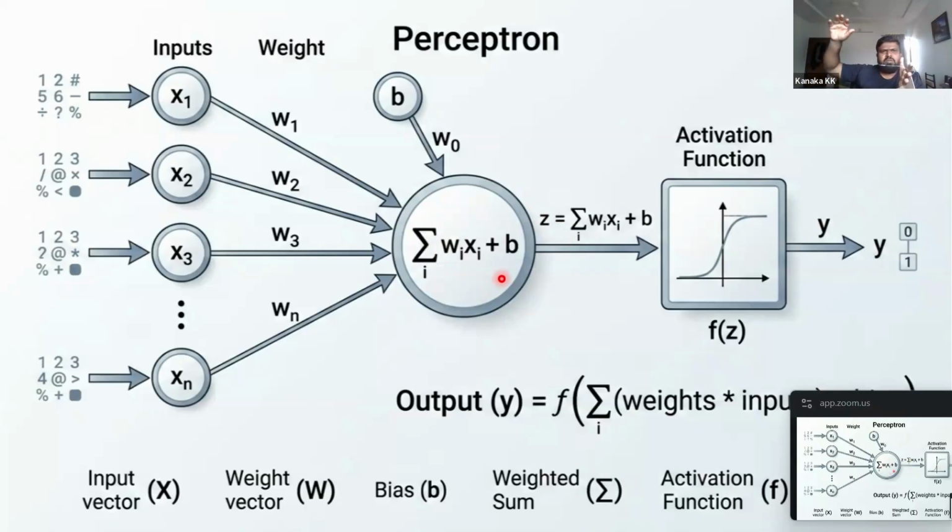Sometimes it may be a 5-digit number, or a negative 5-digit number, or sometimes 0.00001. So the range will be very vast. The function of the activation function is to bring it into a certain range, let's say 0 to 1.